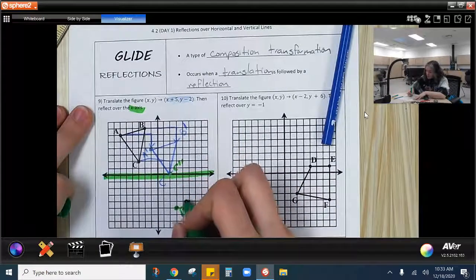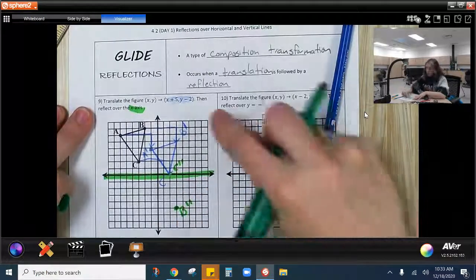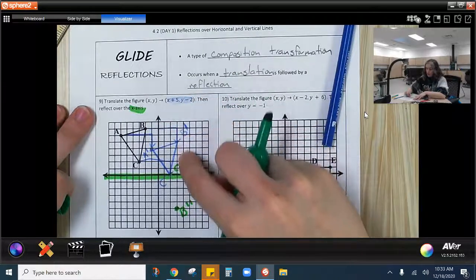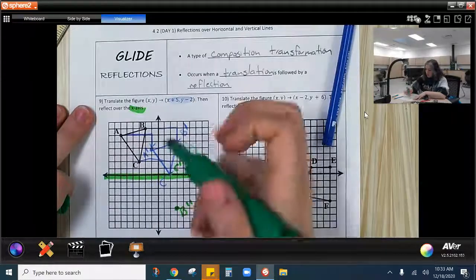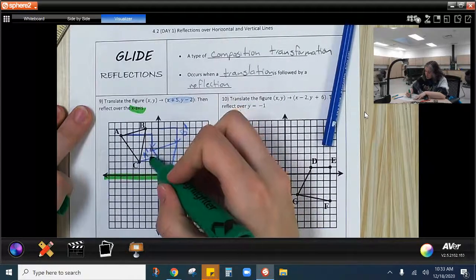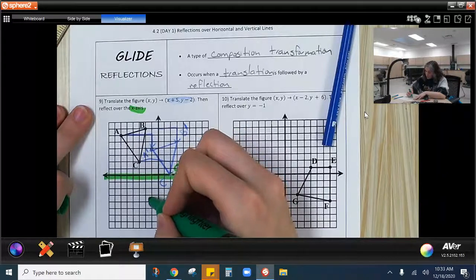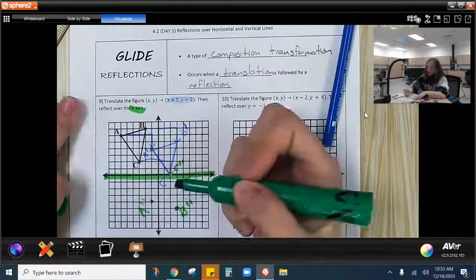So here is B, and now it's a double prime. We start off with B, then we found B prime, and now we found B double prime. And then A is 1, 2, 3, 4 away, so we have to go 1, 2, 3, 4. So this is A double prime.